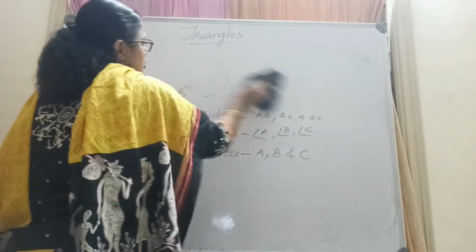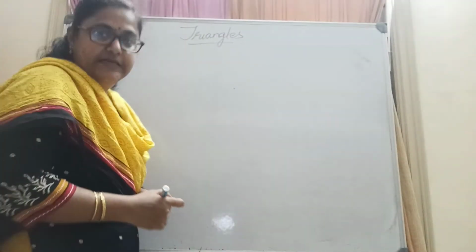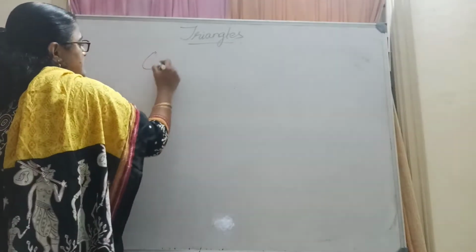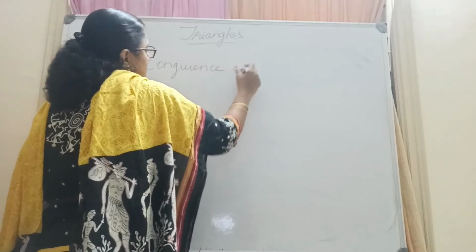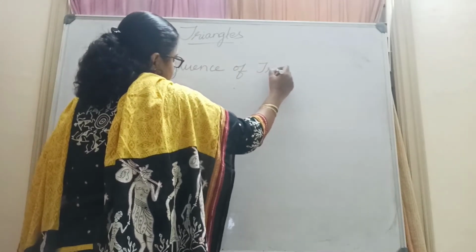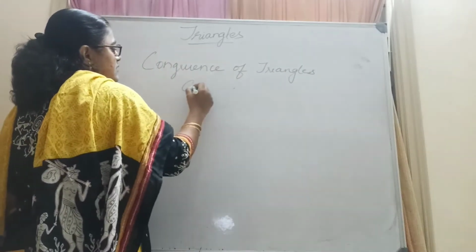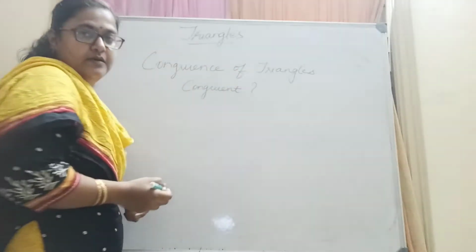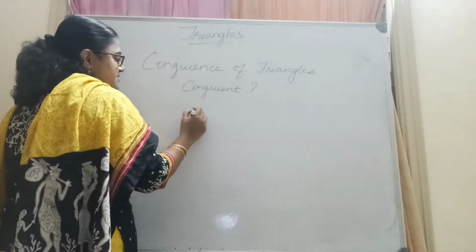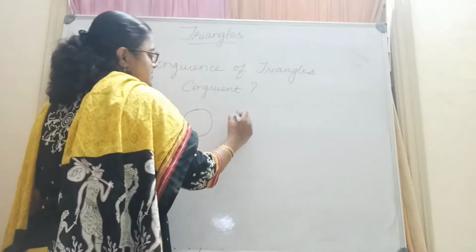Now let us discuss the congruence of triangles. What is the meaning of congruence or congruent? Say for example, I have a circle here, and then I have a square here.